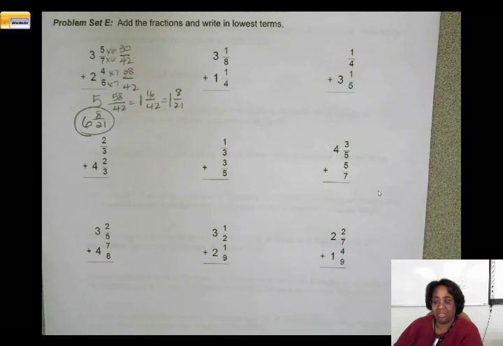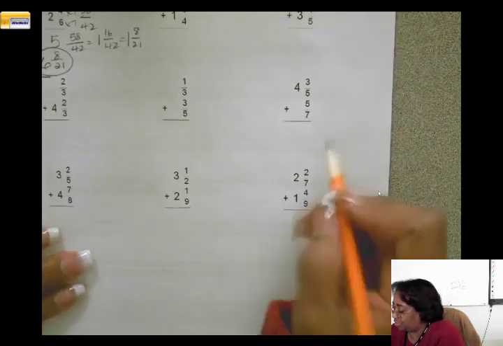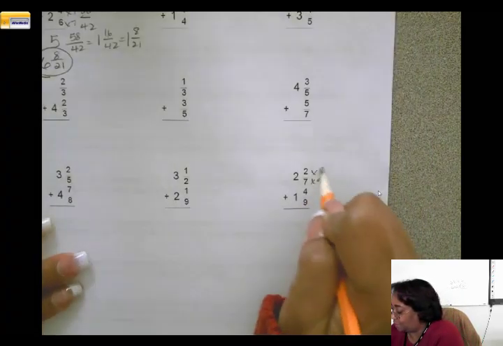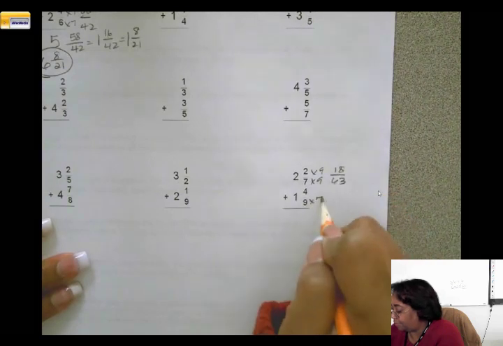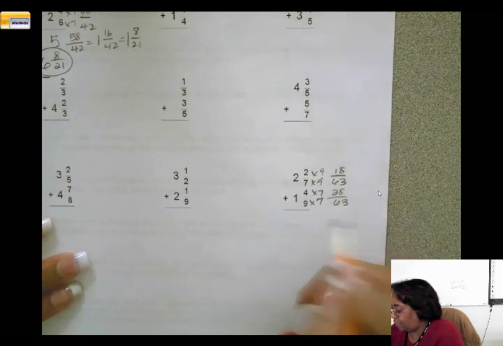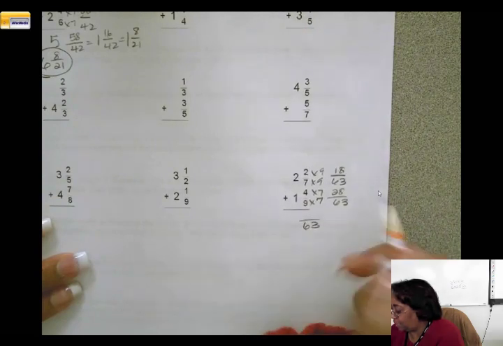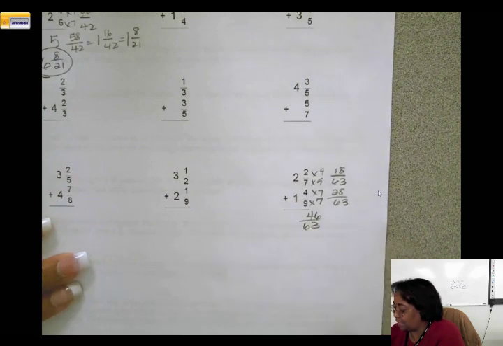And I think the rest of these are pretty self-explanatory. This one down here, you're going to just use 9, because 63 is your LCD. And you just write that 63 down, you add, we get 16, carry the 1, 46, and can we reduce that?